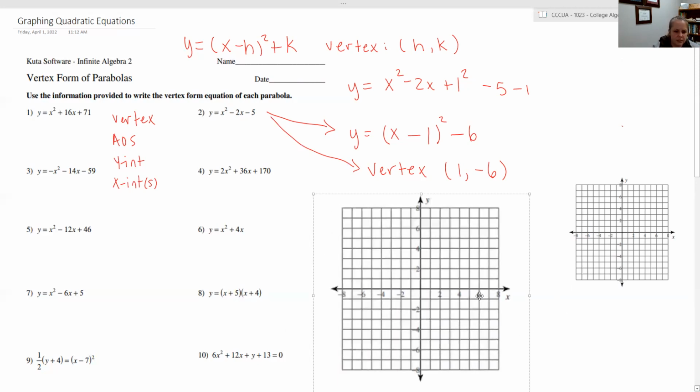So when we graph these quadratic equations, you're going to want to plot the vertex, the y-intercept, any x-intercepts we might have, as well as our axis of symmetry. So when we plot the vertex, we want to plot 1, -6, and our points are x, comma, y. So we go to the right 1 and down 6 to get our vertex way down here.